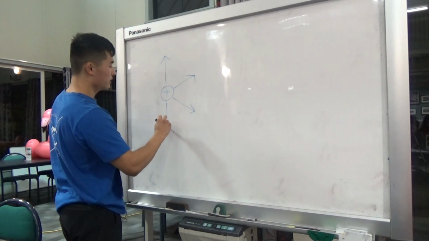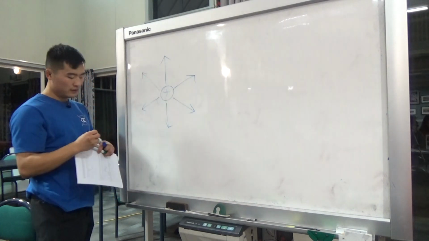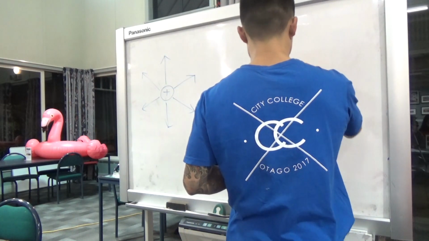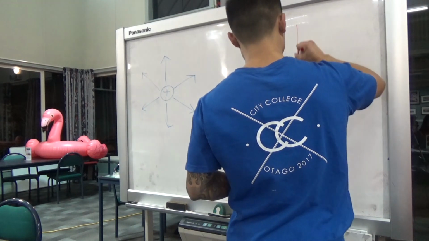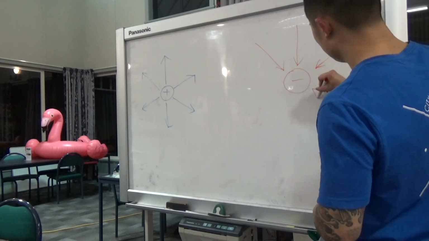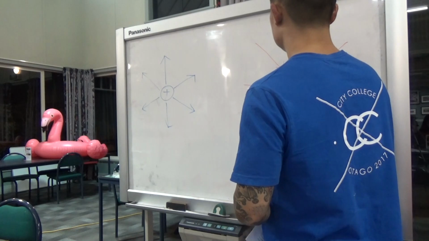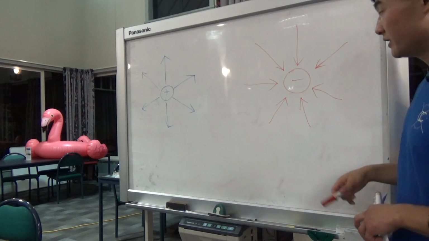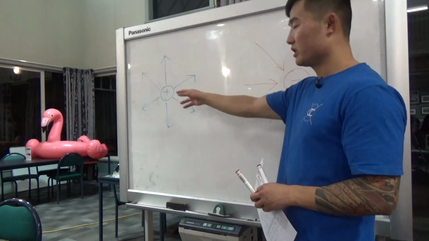And if you have a negative charge, the electric field lines are going to be directed in towards the negative charge. Okay? That's the basic rule that you should always remember. The electric field lines go from positive to negative.